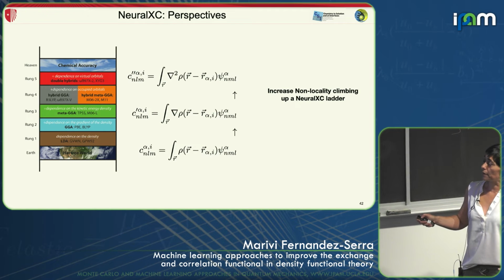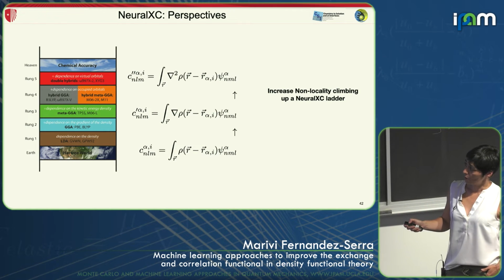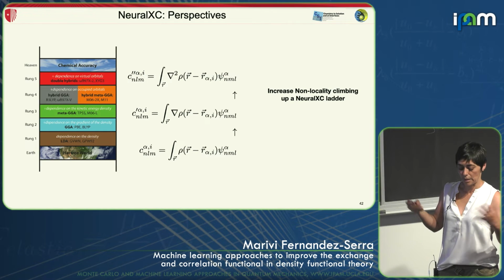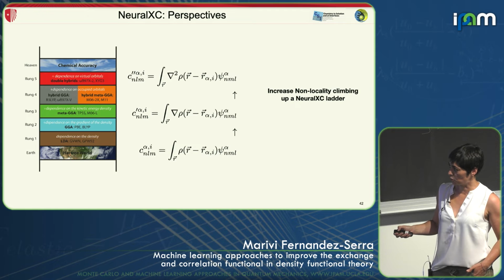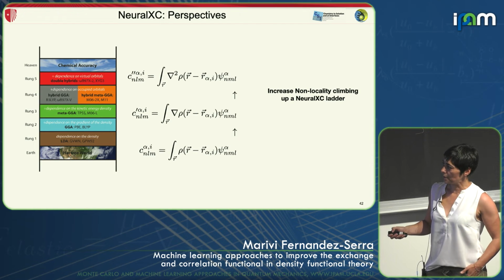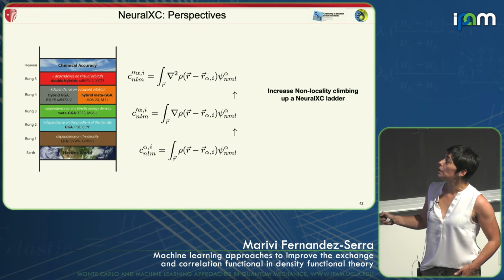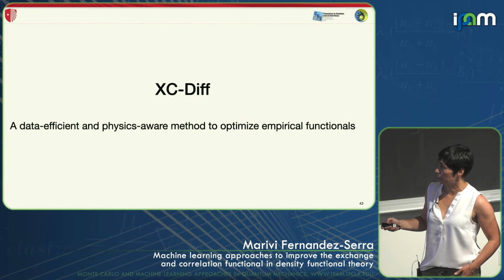We're still working, and there are a lot of perspectives on this method. First of all, one could go up in this: one can think of these neural XC potentials, atom-centered potentials, and not only project the density, but project gradients of the density and the Laplacian of the density, so going up the Jacob's ladder, increasing this non-locality, going up the neural XC ladder.